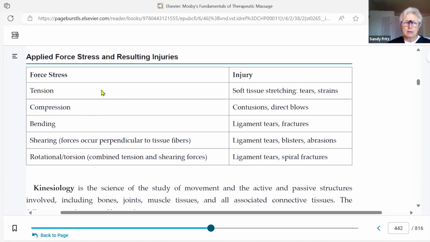However, during the remodeling phase of that healing process, I might gradually load that tissue with the same force that it initially caused the injury. So, there is a continuum here.